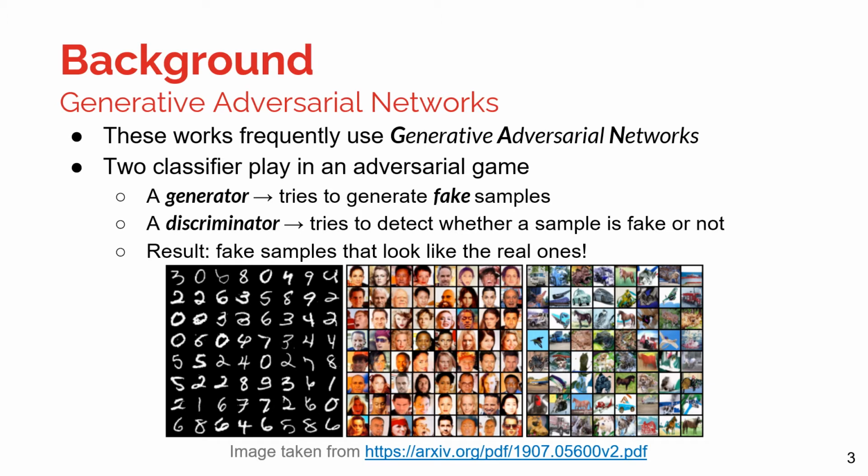There is a generator, which tries to generate fake samples, while a discriminator tries to detect whether a given sample is fake or not. These two are trained alternatively until they converge. And the final result is that the generator will be able to create fake samples that look just like the real ones, as you can see in the picture.